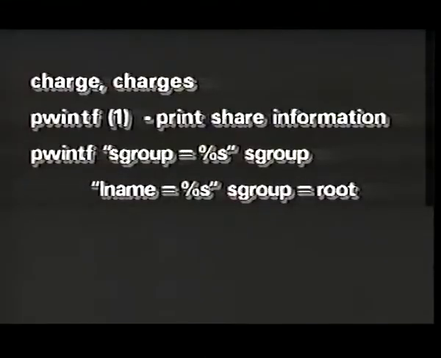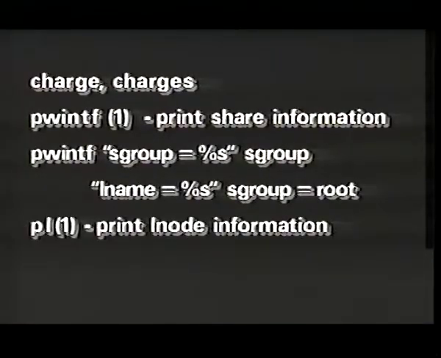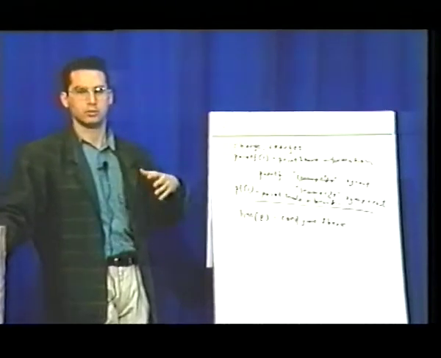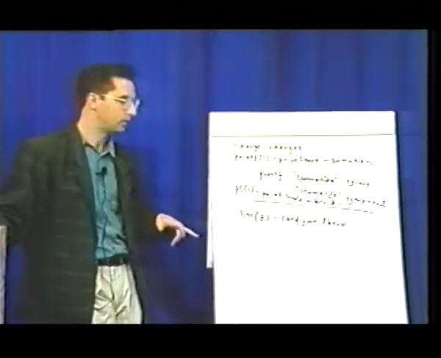There's another print one called PL, and PL is print L node information. I skipped over L nodes. I should have talked about L nodes when I talked about processes. Why don't we get through these and I'll go back and show you what an L node is and what relationship it has in the system.